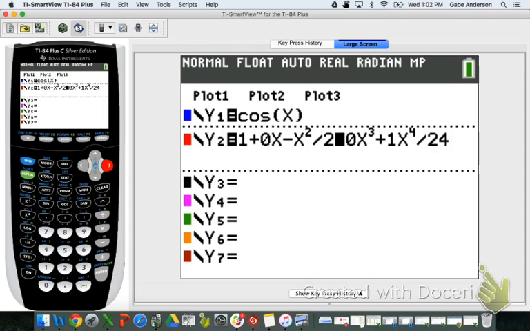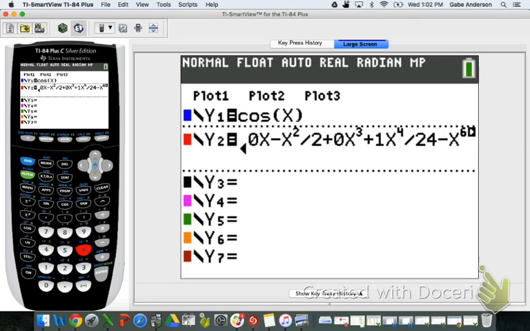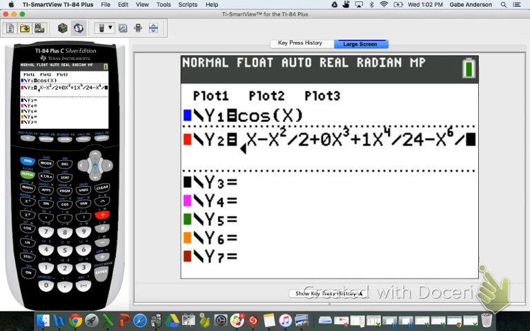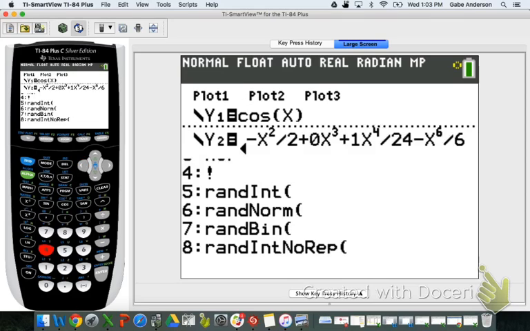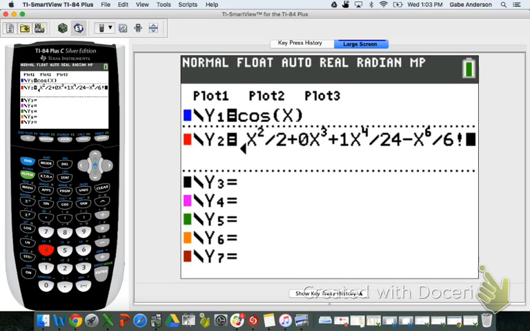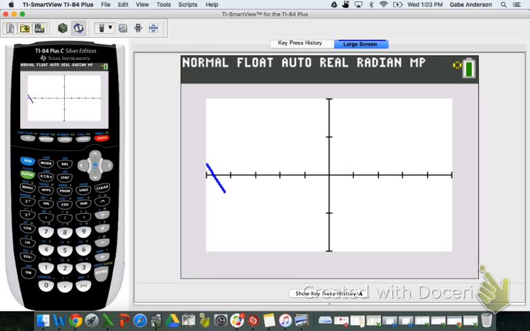So if my previous term was plus x to the fourth over 24, probably the last term we'll do here would be minus x to the sixth over 6 factorial, which is the appropriate division on that last term. So we end up with something like that. Let's take a look at one more comparison of the cosine graph with our approximating polynomial. And we can see that we have made it even a little bit better.